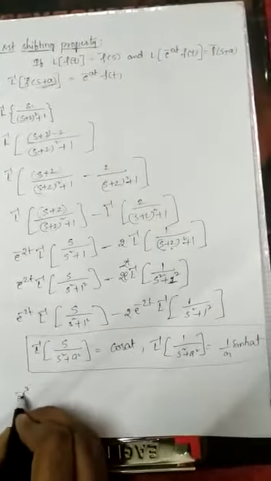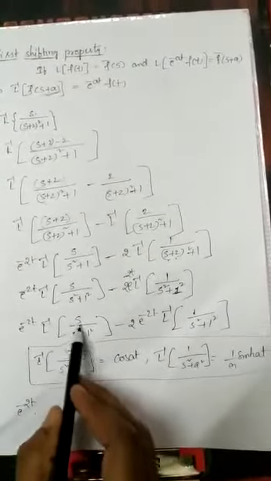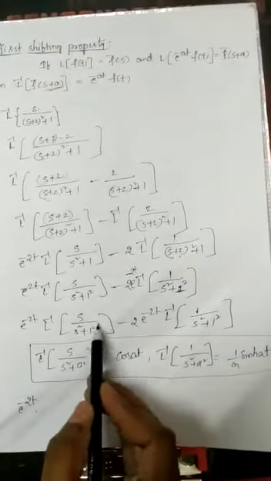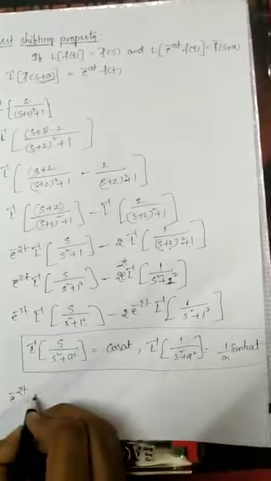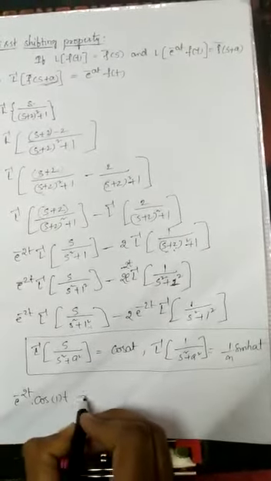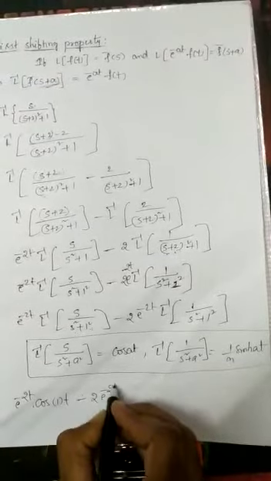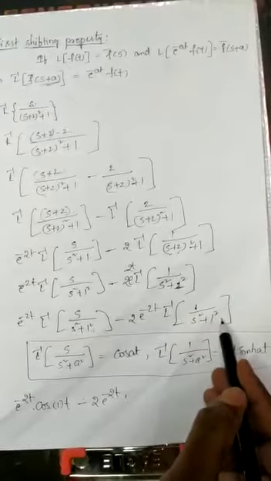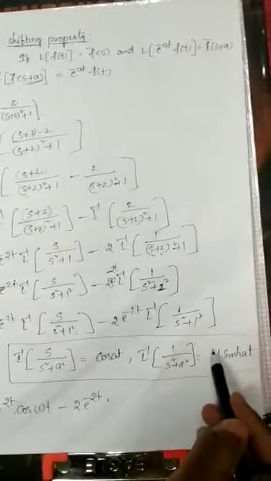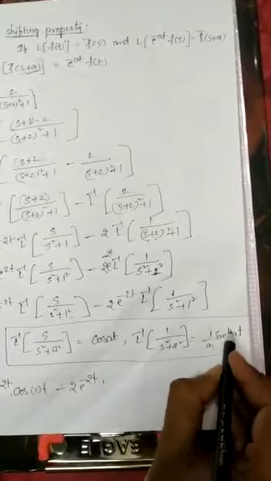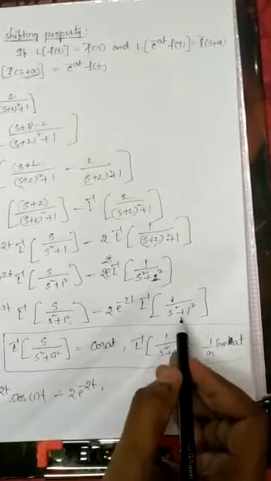So e power of minus 2t into Laplace inverse of s by s square plus a square, that is cos at. In place of a we have 1. So what you will get? Cos at, that is cos 1 into t, minus 2 into e power of minus 2t, then Laplace inverse of 1 by s square plus a square, again in place of a we have 1. So what is the formula? We have 1 by a sin at, because here we have plus.